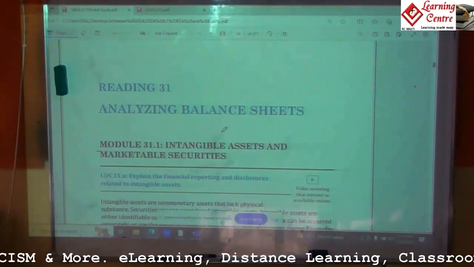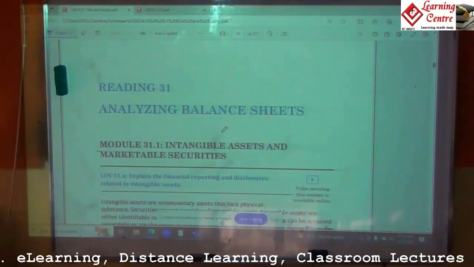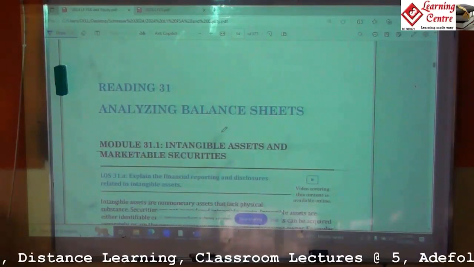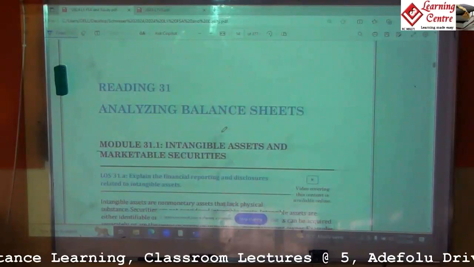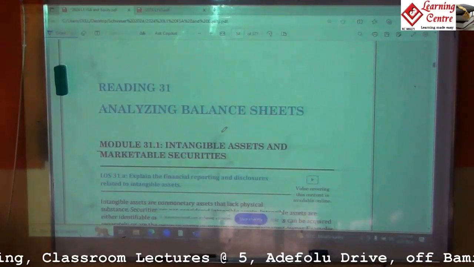Some are using fair value, some are using the cost method, and they are both right. Are we good? Any question?